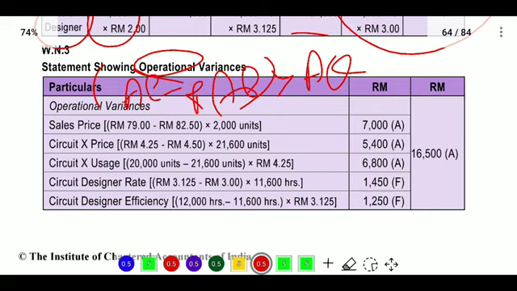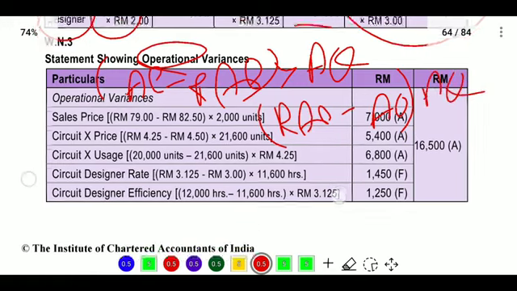Next, circuit price changes, that is 4.25. This is the expenditure side, so revised actual price minus actual, will be 4.5 into which quantity? Actual quantity we will take.